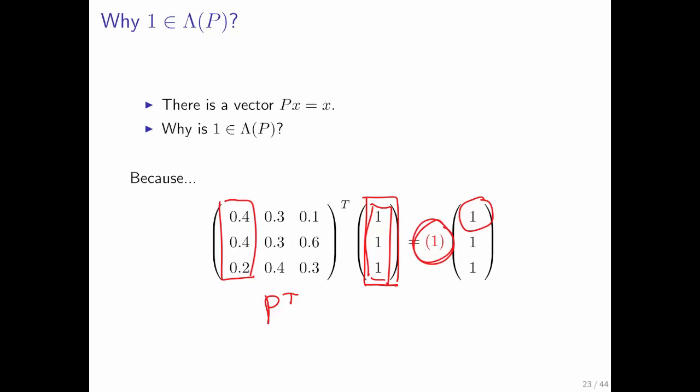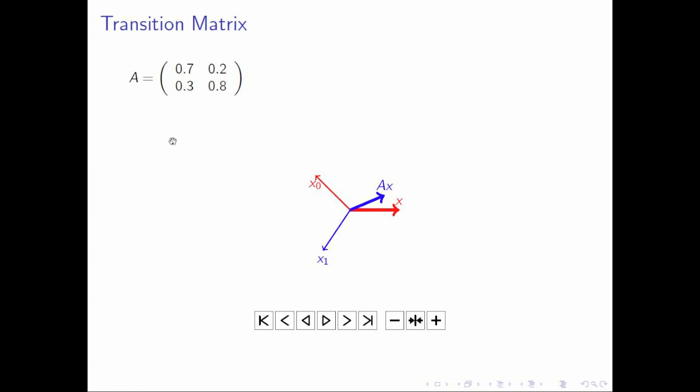And therefore 1 must be an eigenvalue of P transpose. But if it's an eigenvalue of P transpose, then it's an eigenvalue of P. So now we know that if P is a transition matrix, then it must have 1 as one of its eigenvalues. So let's have a look and see if we can visualize the eigenvectors and eigenvalues of a transition matrix.